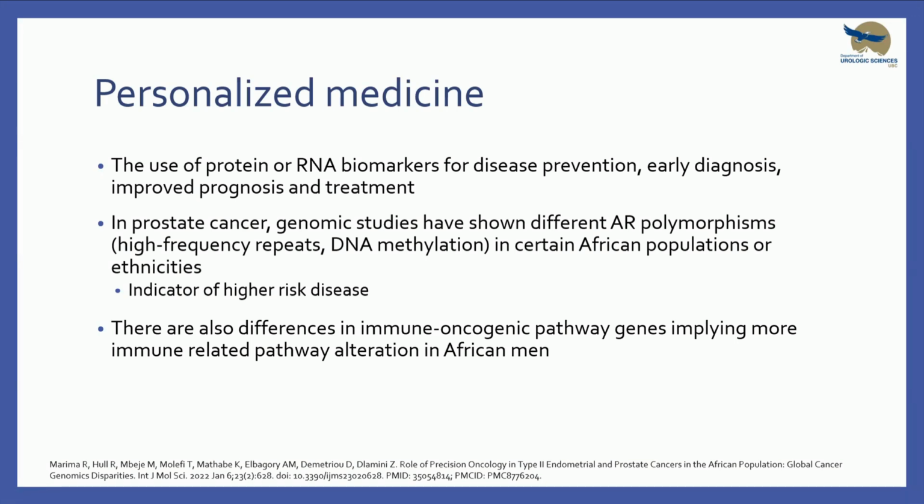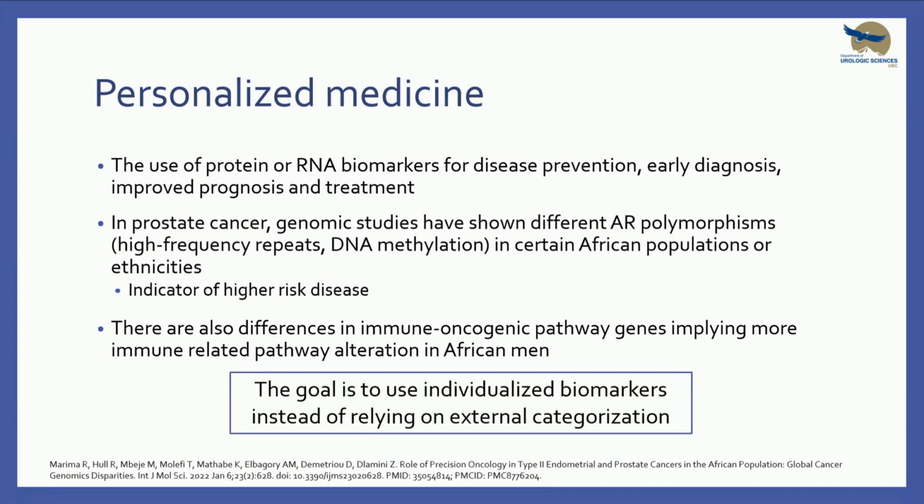And there are also differences in immune-oncogenic pathway genes, implying more immune-related pathway alteration in African men. So really, the goal is to recognize that not everyone has the same risk factors and to use individualized biomarkers instead of relying on external categorization, right?